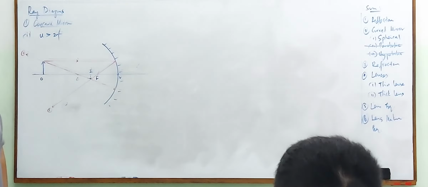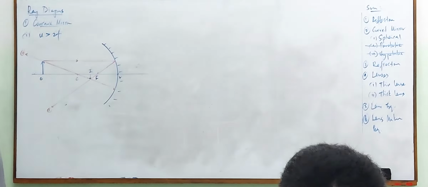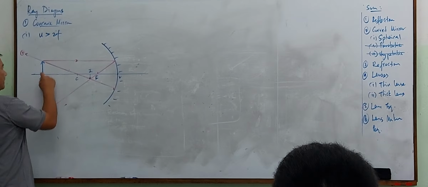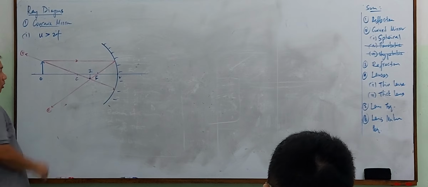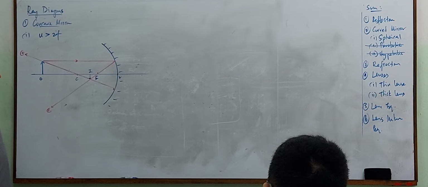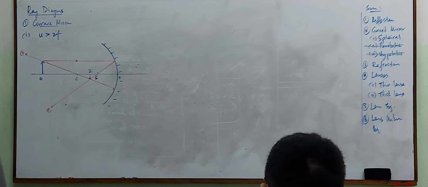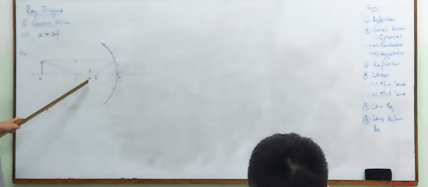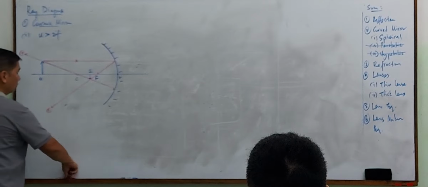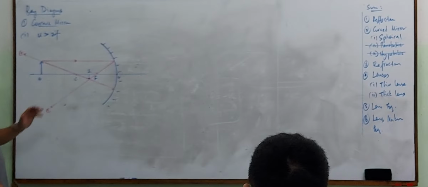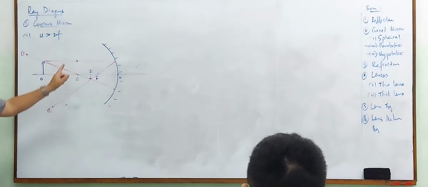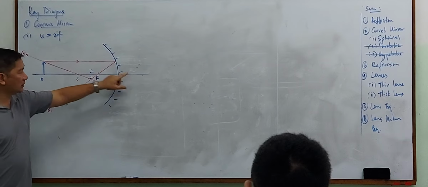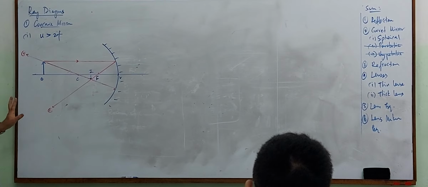Now, the third line is to confirm that our drawing is actually correct. Sometimes the third line is a problem, because maybe the object is too big or too near, so you start to form the third line far away from the actual intersection point. The third line is the opposite of line number 1. Number 1 is parallel with the axis and then goes to the focus point.